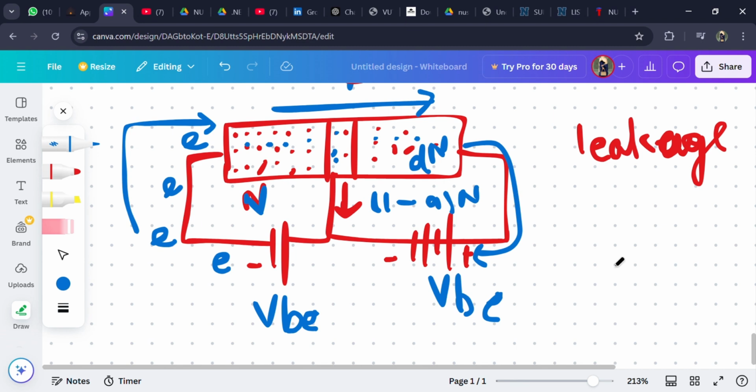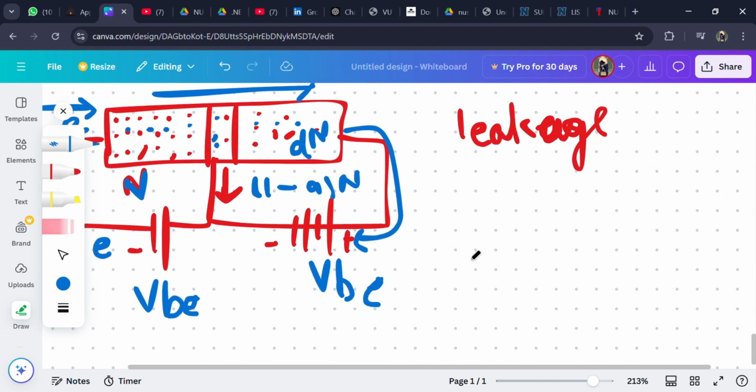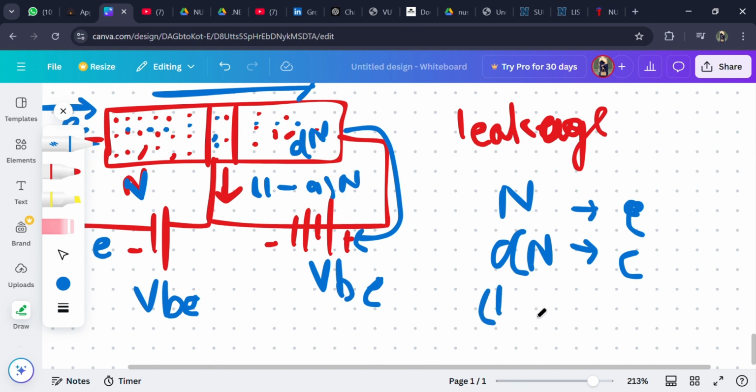So these three things I have written here: we got N, that was in the emitter. Then we got alpha N, that was in the collector. And then we got 1 minus alpha, times N, that was in the base.